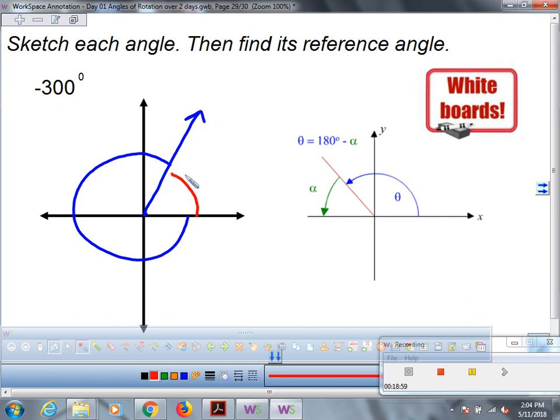So my reference angle is going to be 60. You don't have to write it, but I'll know that you know that that's the reference angle. Your reference angle is never going to be negative, because it's a measurement, not an angle.